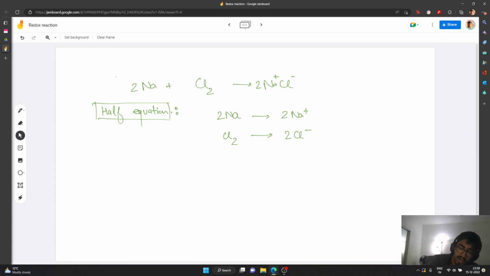So why do we call it a half equation? We can see that sodium here was a stable atom before, and then it formed an ion. Both of them went from atoms to ions if you look at it this way.